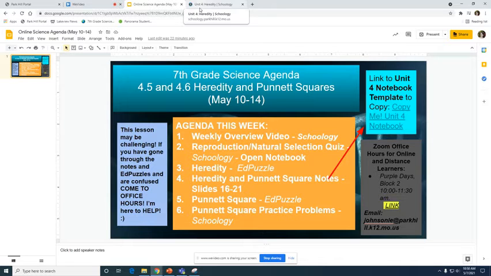So talking about natural selection and how organisms that are better adapted to their environment are more likely to survive and reproduce. So I'm interested to hear the animal adaptation that you found the most interesting.